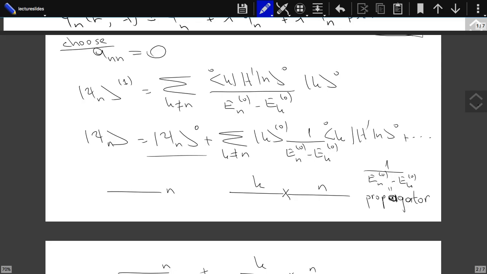Then they don't contribute to this sum, and hence there is no problem with having a 0 denominator. Any questions on this one?